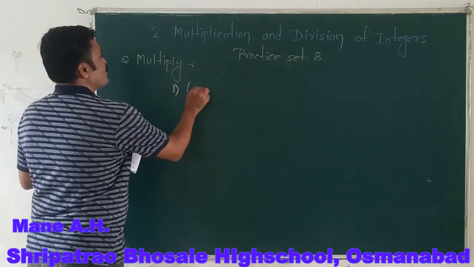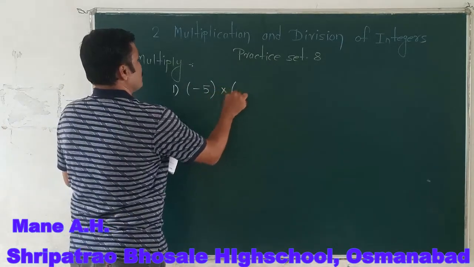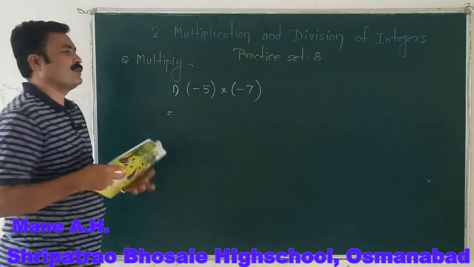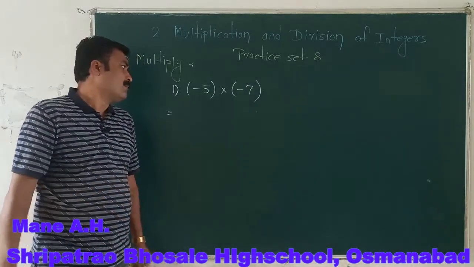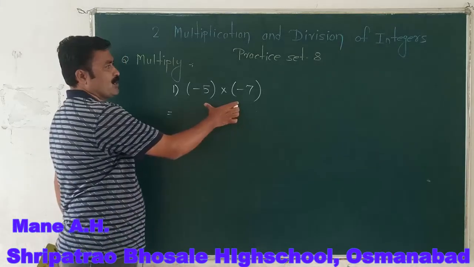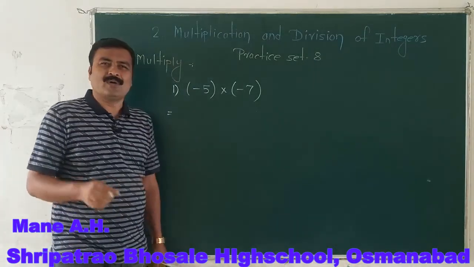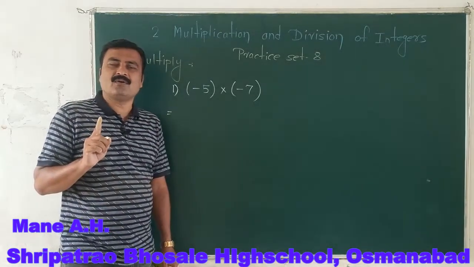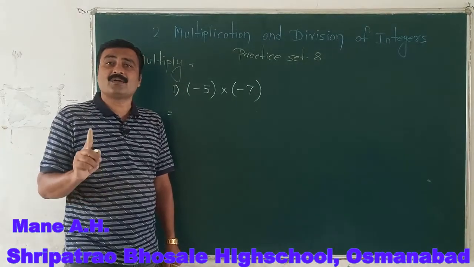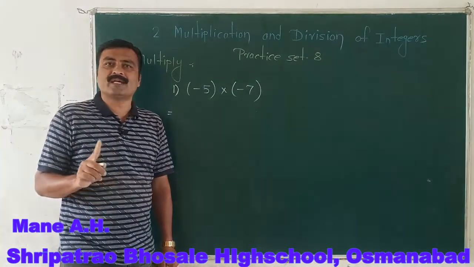(-5) into (-7). So we have to solve this. Minus 5 into minus 7 is the multiplication between two negative integers. While taking the multiplication of two given integers, first find the product of their magnitudes and then find the product of their signs.